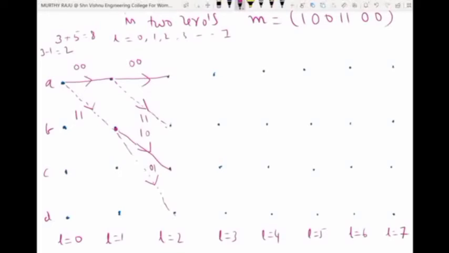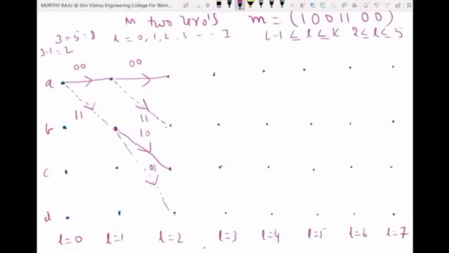First L minus 1 levels. L minus 1 levels means 3 minus 1 levels. That means L is equal to 0, L is equal to 1, L is equal to 2. In the Trellis structure, these levels correspond to the encoder departure from the initial state A. From L minus 1 less than or equal to L less than or equal to K. That means 3 minus 1, 2 less than or equal to L less than or equal to K, which is 5.